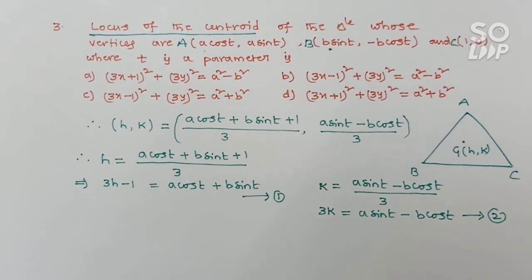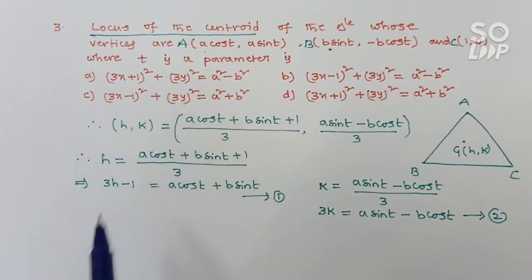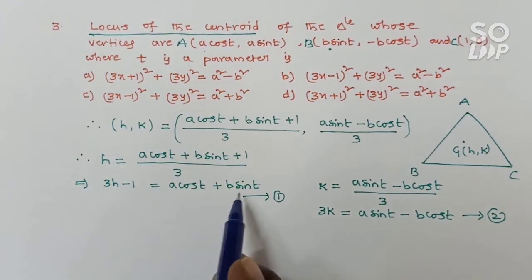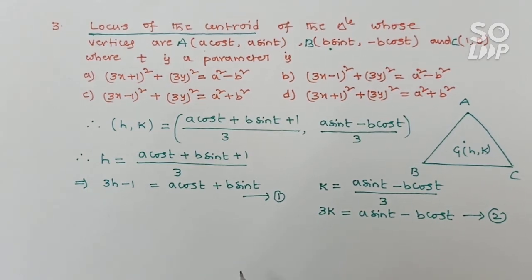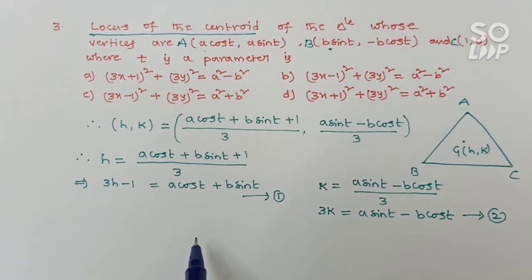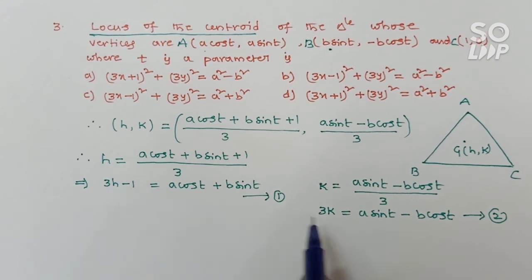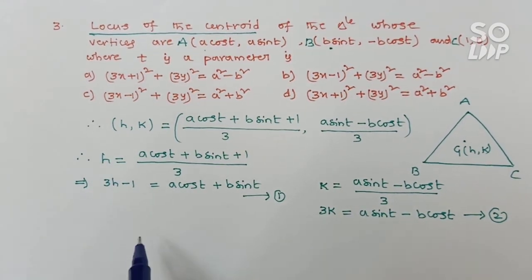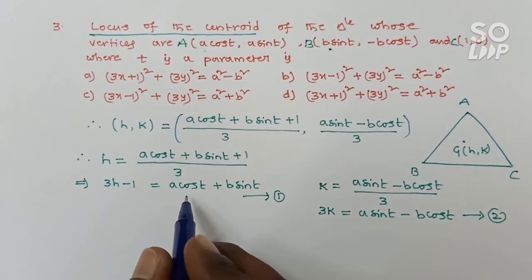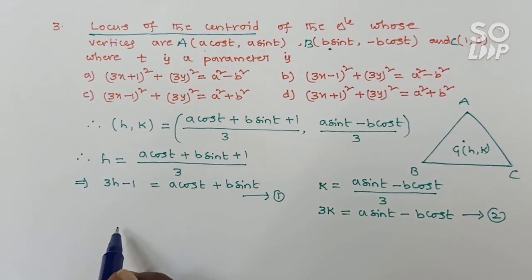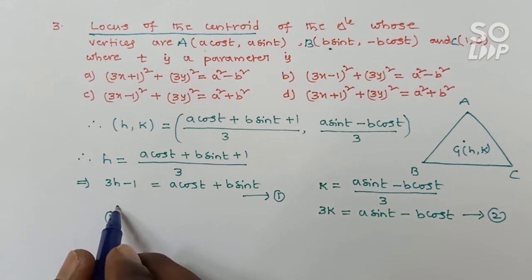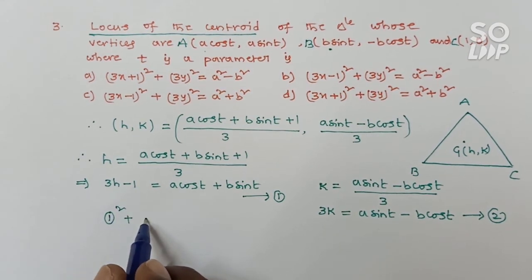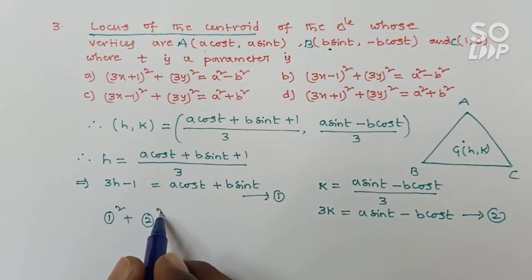In this problem t is the parameter. That means we have to eliminate t from equations 1 and 2. How can we eliminate it? By squaring on both sides and adding, we can eliminate t. So that means equation 1 squared plus equation 2 squared.